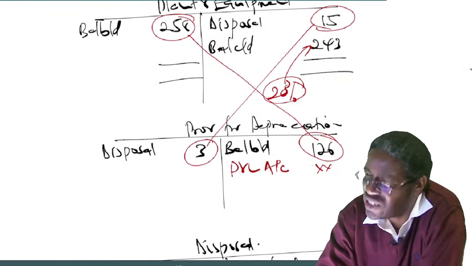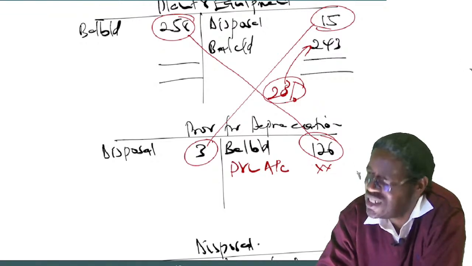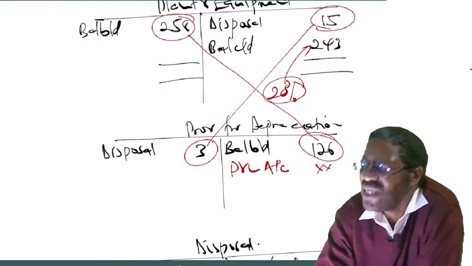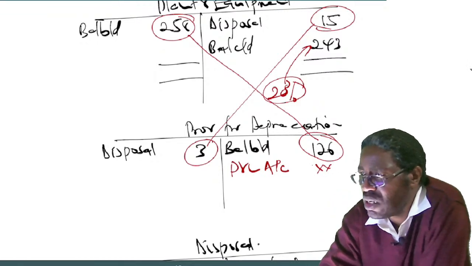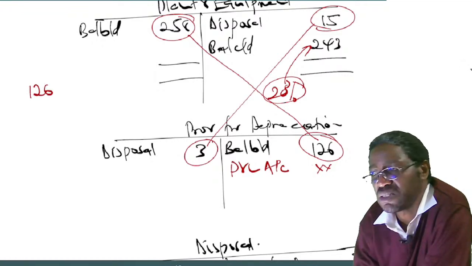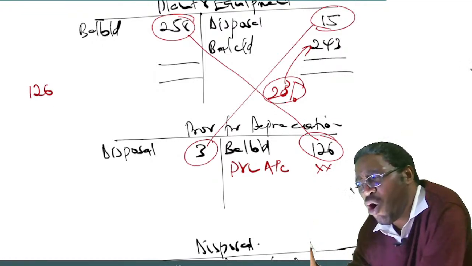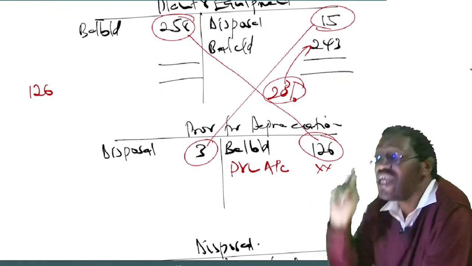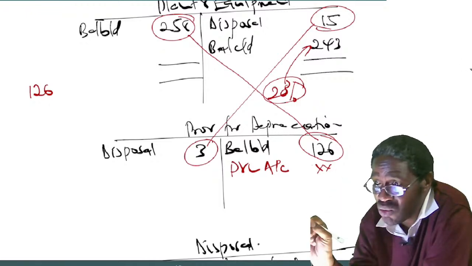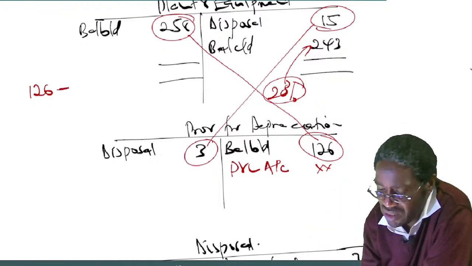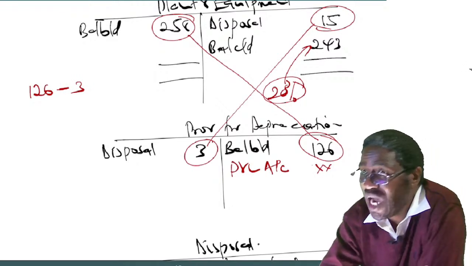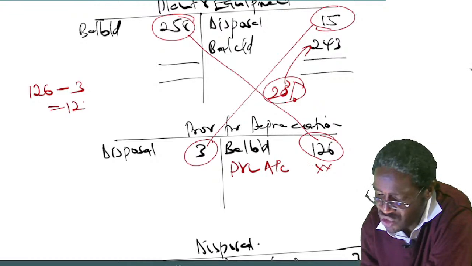Out of 126, 3 million is the depreciation of the asset sold. So by implication, if I take 126, being the depreciation of all the assets including the one sold, and I minus 3 million, which is the depreciation of the one sold, I'll get a balance of 123.